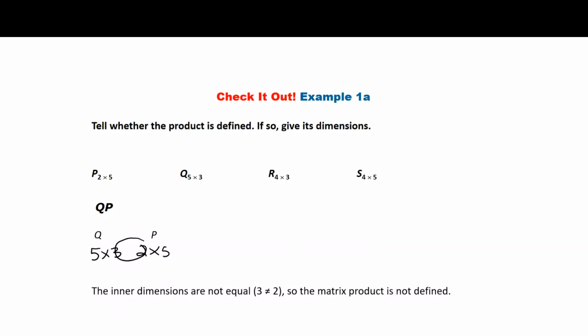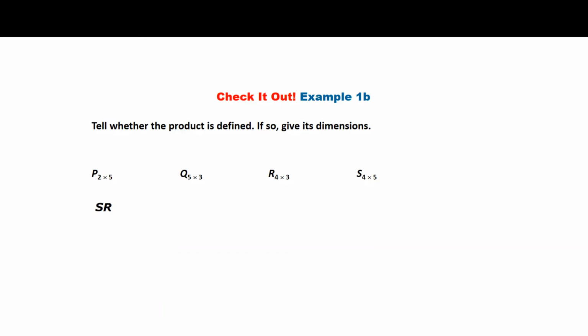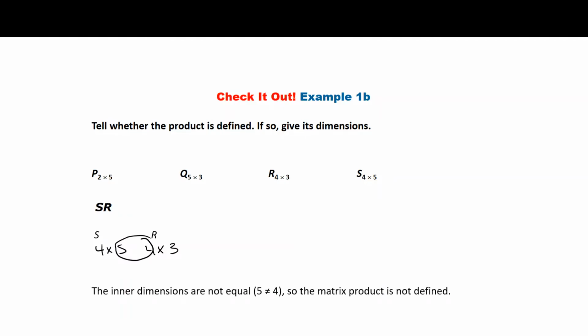The inner dimensions are not equal, so the matrix product is not defined. All right, try SR. Again, S is 4 by 5. R is 4 by 3. 5 does not equal 4, so the matrix product is not defined.